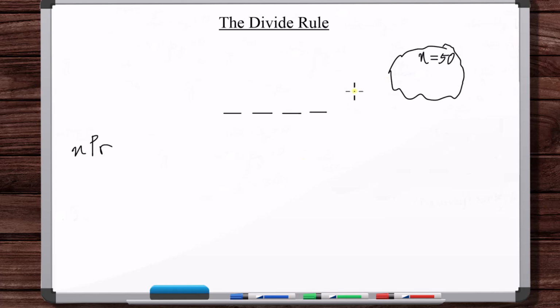And the goal was to count the number of different arrangements of these 4 objects that were selected from this group of 50. Okay, the answer to this question was, so you have 50 times 49 times 48 times 47, and that's it. That's the answer.